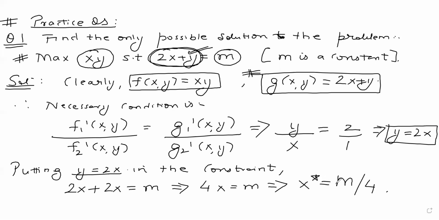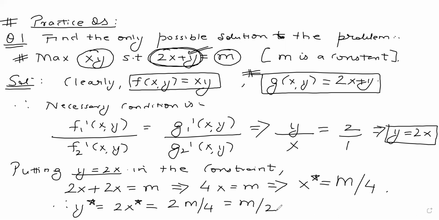And once I have found x star, I can find y star. Y star is equal to 2x star, which is 2 times m by 4, which is m by 2. So clearly all students can see that for this optimization problem, we get the optimum values x star equal to m by 4 and y star equal to m by 2.